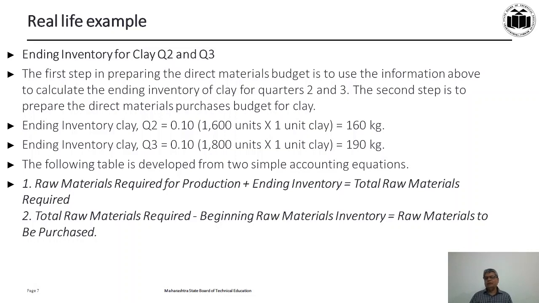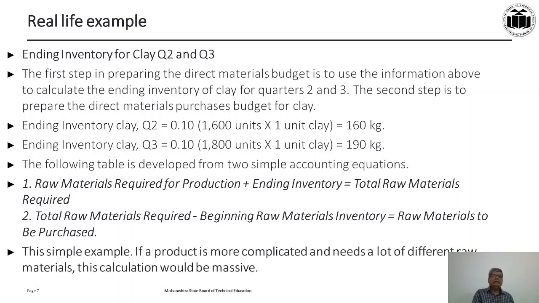It is a simple formula like A plus B minus C is equal to D. A is the starting or opening quantity, B is the purchased quantity, C is the ending quantity, and D is the quantity of consumption. Or you can do vice versa. So it is a simple equation: A plus B minus C is equal to D.